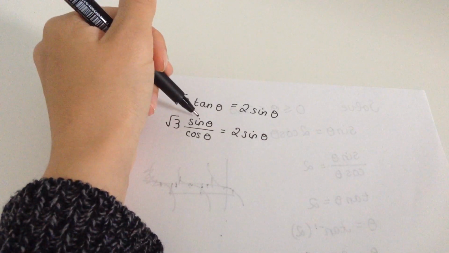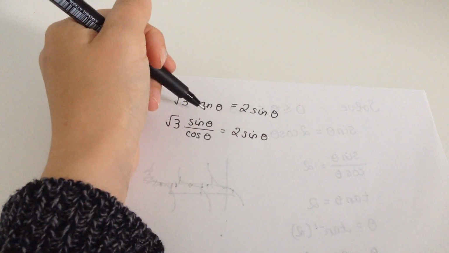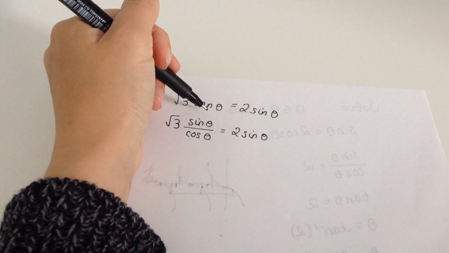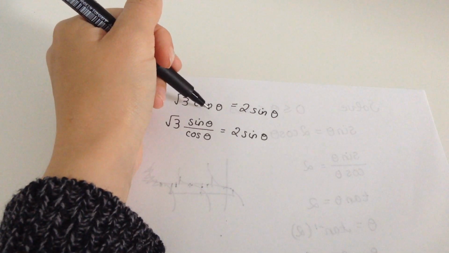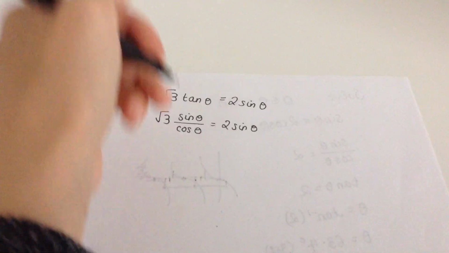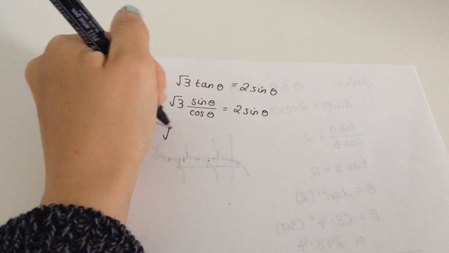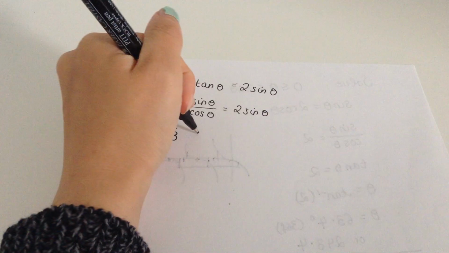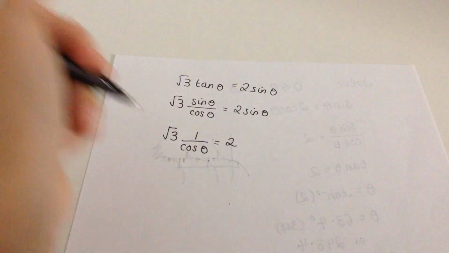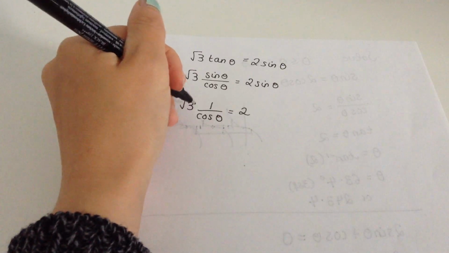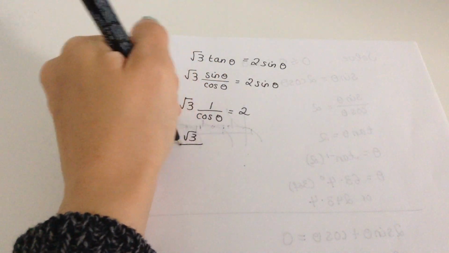I'm really tempted to divide both sides by sine theta. Should I do that? Yeah. Okay, and then times by cos theta and divide by 2.